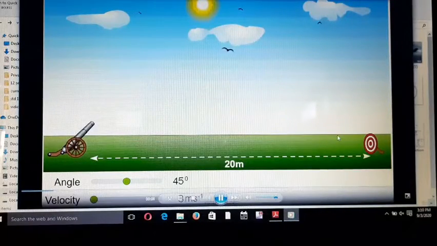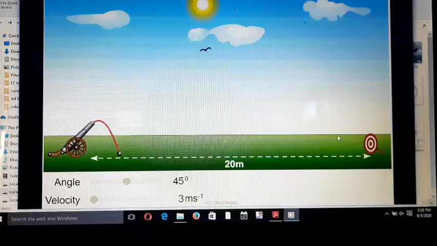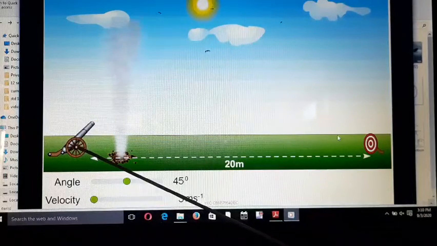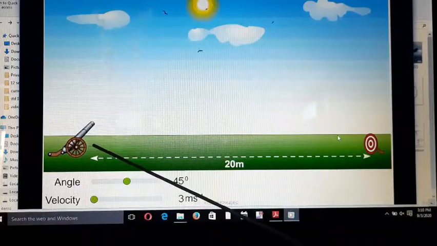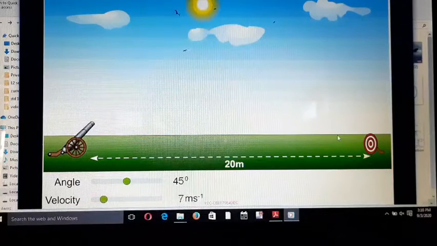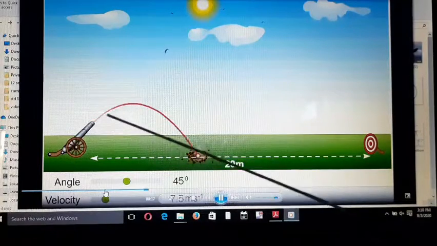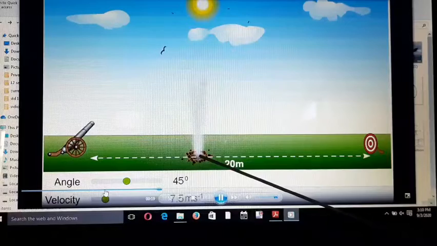Friends, look here, another example of projectile motion. Here this ball is thrown.